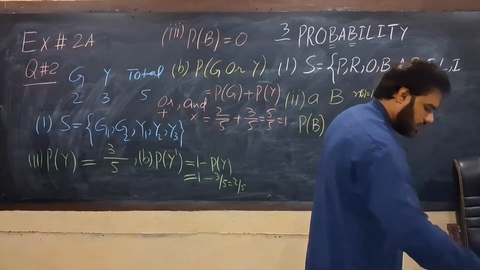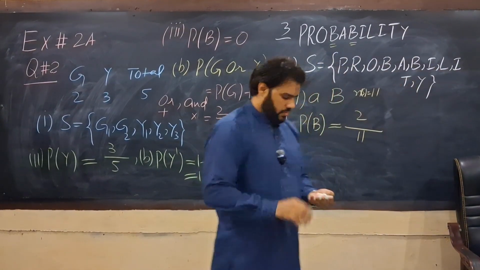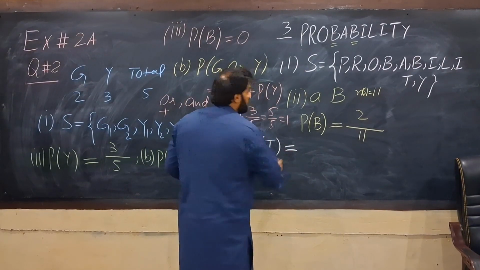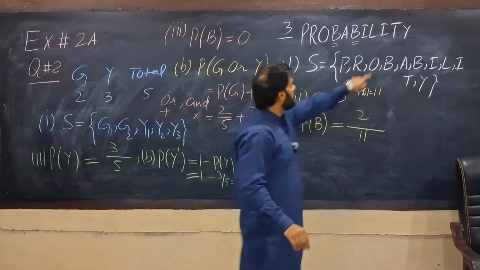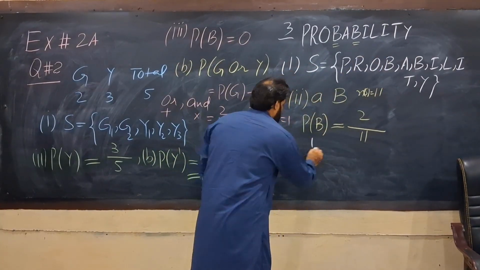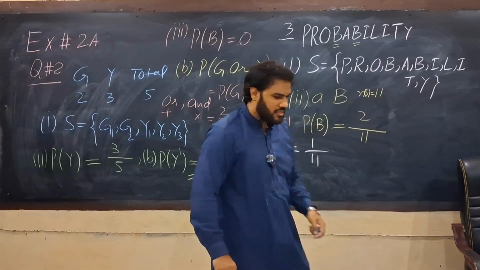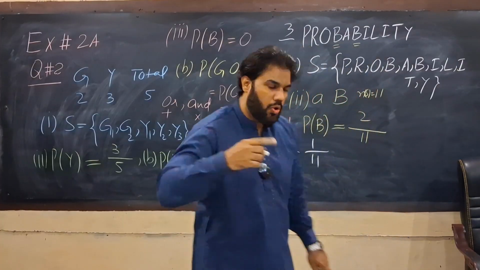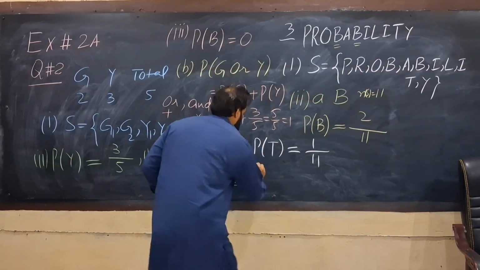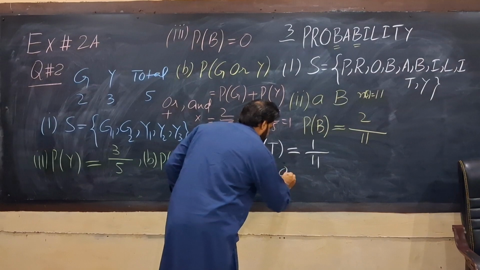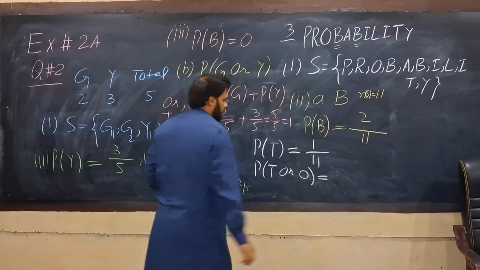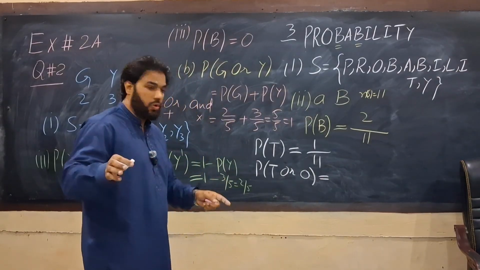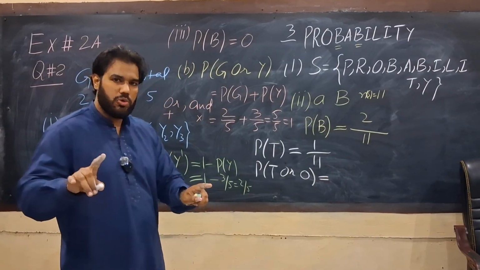The next letter is T. Probability that the letter is T: T occurs only one time, so its probability is 1 by 11. The next one is T or O. As in the above question, I have told you that in case of OR, you will always add the probabilities of both events.